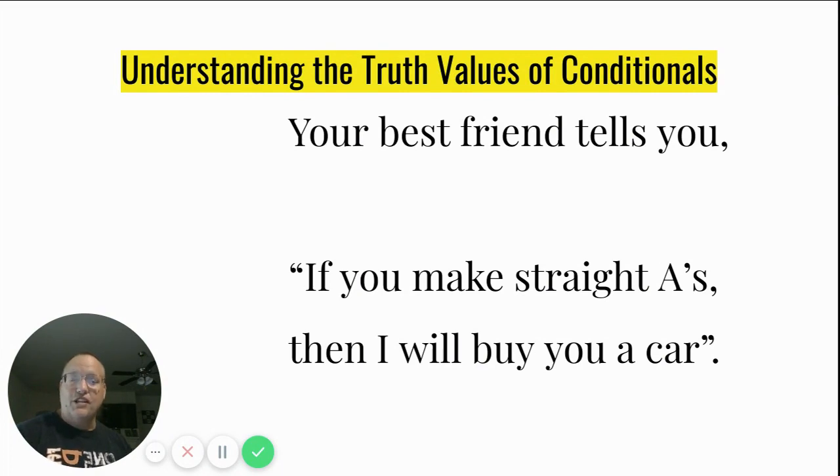That would be a pretty good best friend, by the way. If you have a best friend that can buy you a car for making straight A's, that's good on a whole lot of different levels beyond the scope of this video. But if you've got a best friend that would do that for you, then I would encourage you to keep that best friend. But suppose your best friend tells you, if you make straight A's, then I will buy you a car.